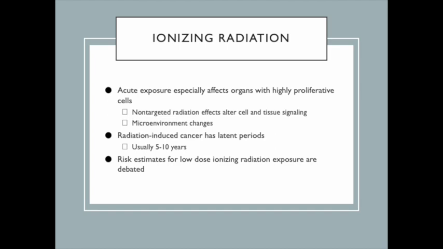What researchers are now starting to postulate is that radiation's carcinogenic potential will persist because of non-targeted radiation effects that alter cell and tissue signaling. It changes the microenvironment. There's increasing evidence that radiotherapy leads to alterations in our tumor microenvironment, especially the cells that incorporate the immune system.